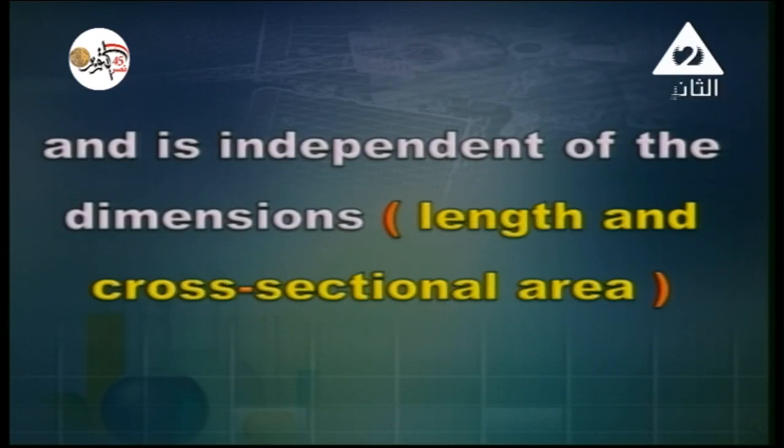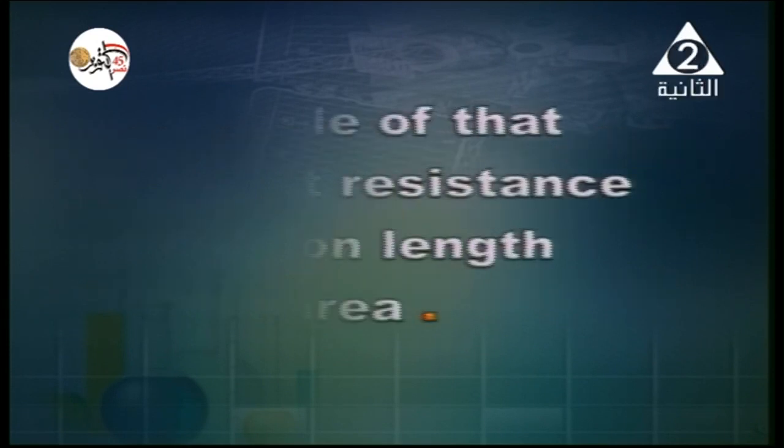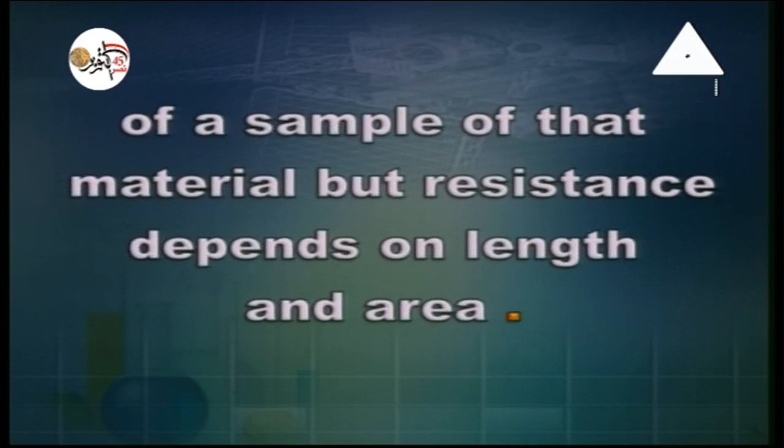The dimensions mean length and cross-sectional area. So it is regarded as a characteristic physical property. But resistance, as a matter of fact, depends on length and area, so it cannot be regarded so.